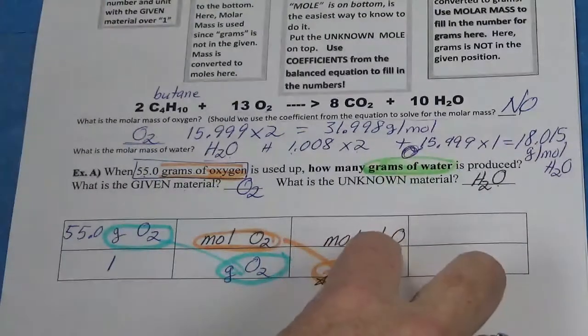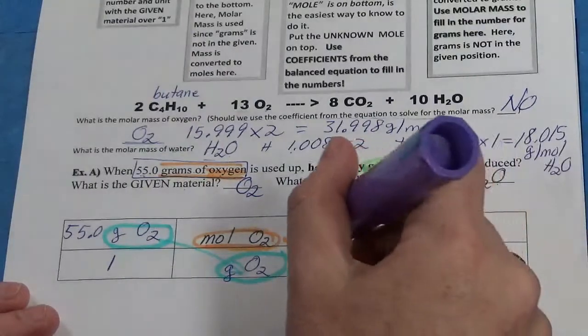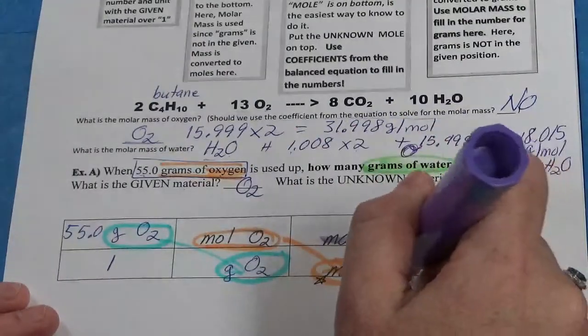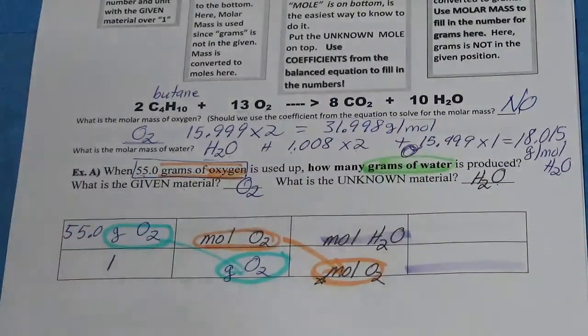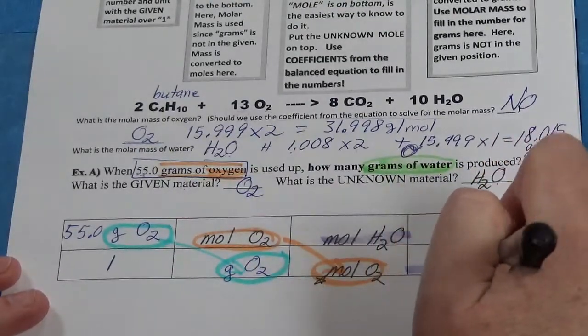I do not want moles of water as my answer. We want grams of water. So that means we want to cancel moles of water quickly. We want to cancel that out with moles of water there. If we copy it down here, it will cancel. Moles of water.